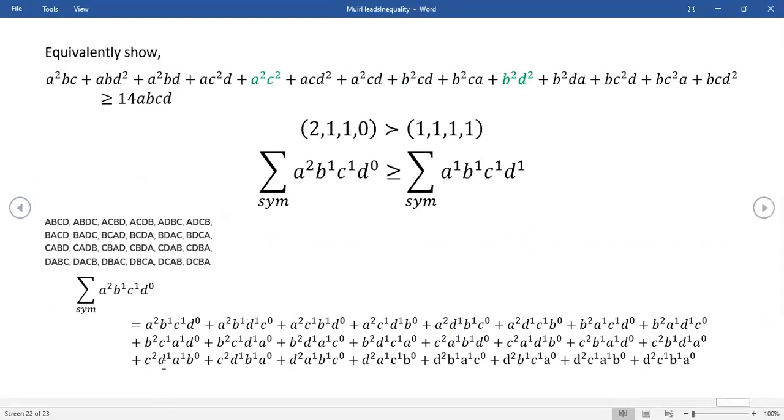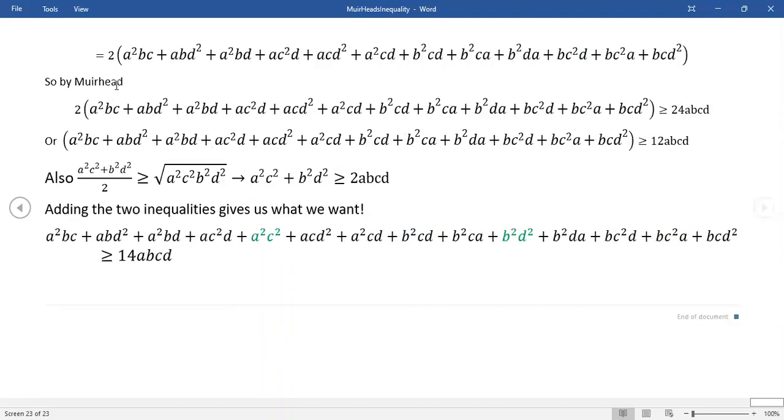Just for example, notice that you have a squared BC happening right here, and you also see a squared BC happening right here. Again, y'all, a squared BC happening right here, and a squared BC happening right here. They happen in pairs, and there's 24 of them, so you got 2 times 12, the pairs, okay? So that's why I wrote this as 2, okay?